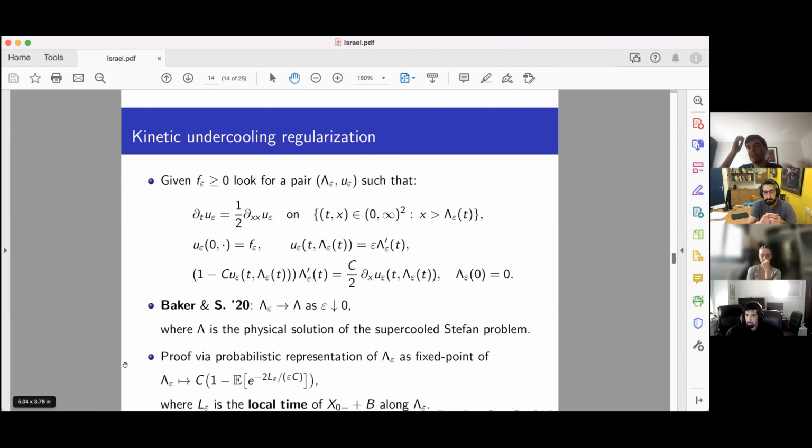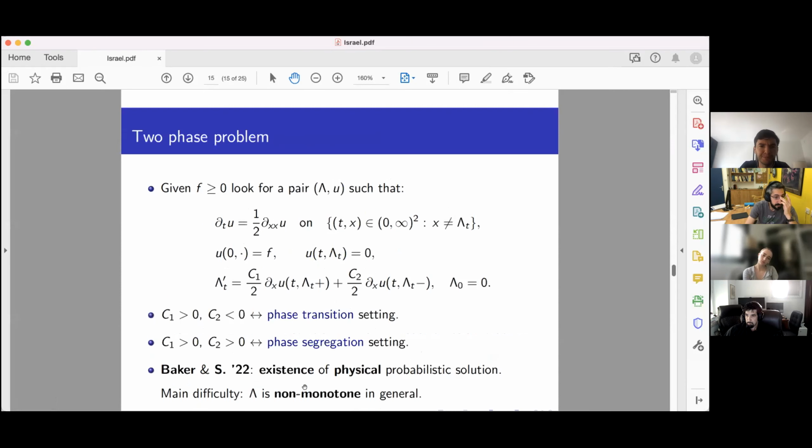This naturally opens up a door to probabilistically show that the solutions here converge to the solution we had before. At the end of the day, it's a statement about convergence of this functional of local time to the cumulative distribution function of a hitting time. So it's a purely probabilistic problem.